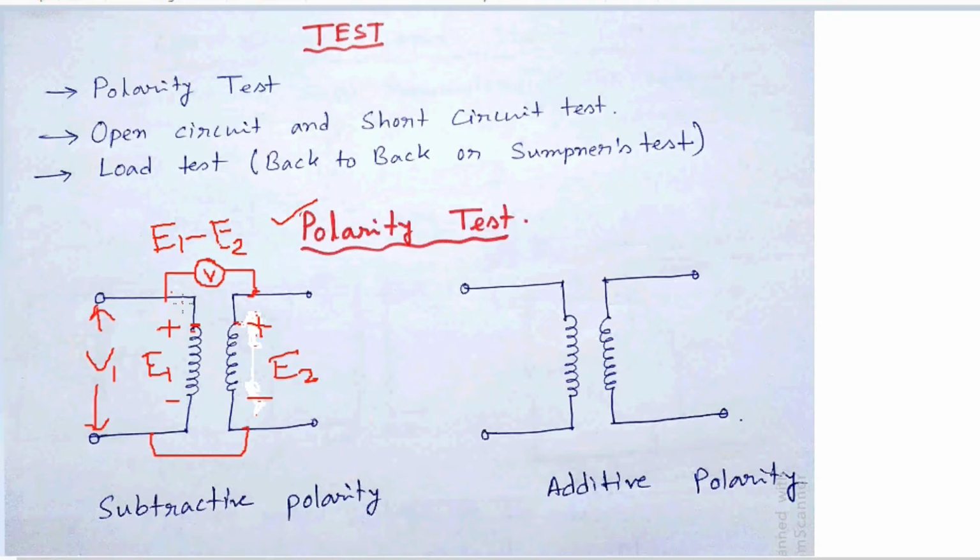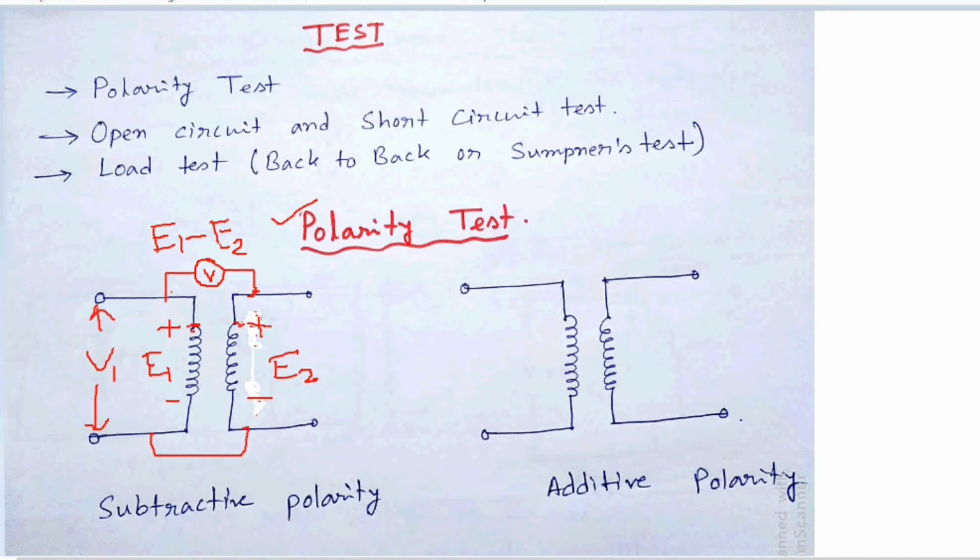The voltage over here is the subtractive combination of the primary and secondary winding voltages. If at the same instant it is negative, we still get the subtractive polarity. So if the voltmeter reads E1 minus E2, the polarity between the winding terminals is the same.